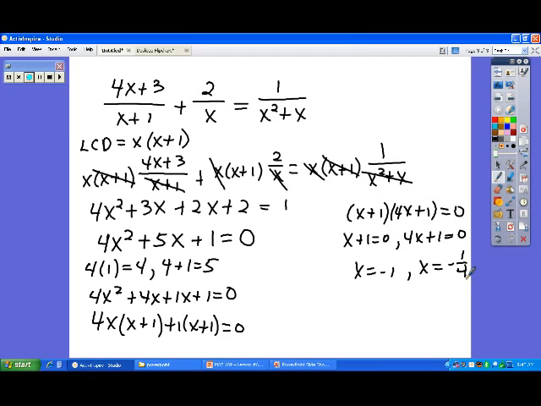You absolutely must check your answers. What happens when you check your answers? That one causes division by 0. So the answer is only x equals negative a fourth.